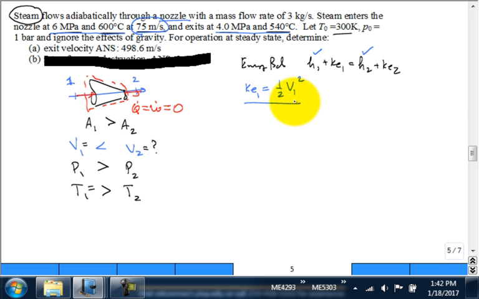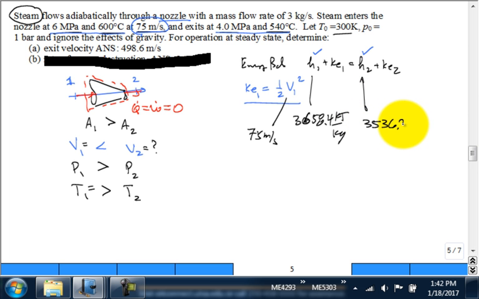So if I run this, let's do this one. Let me get to the right sheet here. I'll give you some numbers. And if you have a calculator, I think we may have enough time. The enthalpy coming in is 3658.4 kilojoules per kilogram. The speed coming in is 75 meters per second. The exit enthalpy, knowing the temperature and pressure, is 3536.9 kilojoules per kilogram.